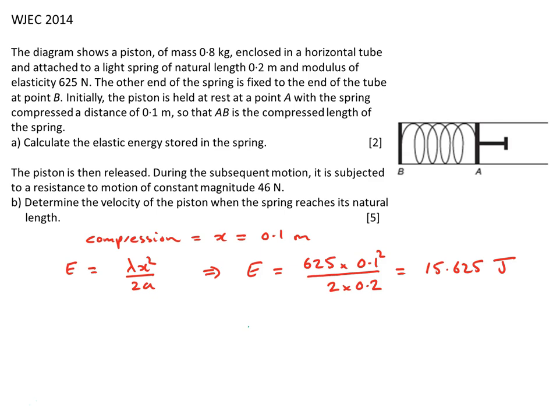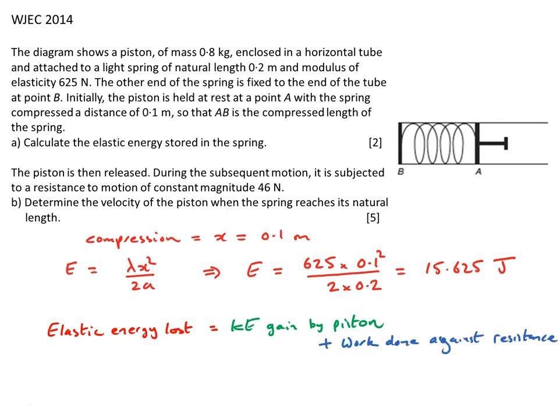But we've also got to do some work against the resistance. So we've got a work energy balance, which is telling us that the elastic energy that we lose is going to equal the kinetic energy gained by the piston together with the work done against the resistance.